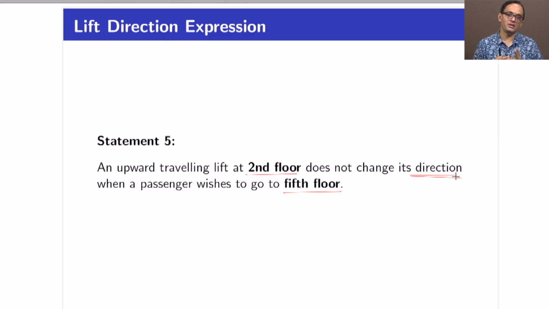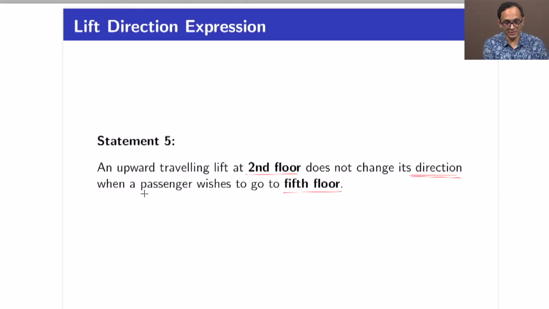So I can take two propositions: direction up is true means it is going up, direction down means it is going down. And there is also a request, because when some passenger wishes to go, that means a request.